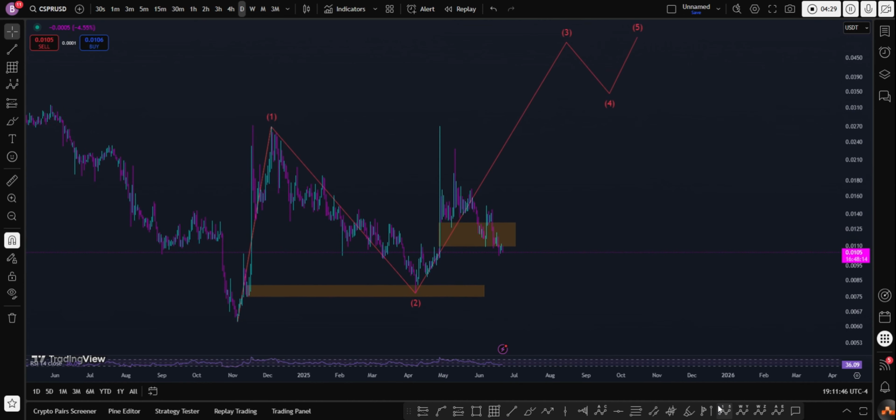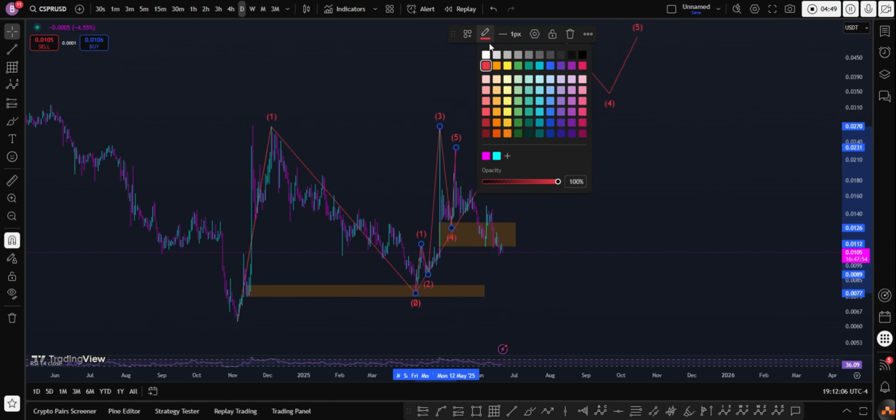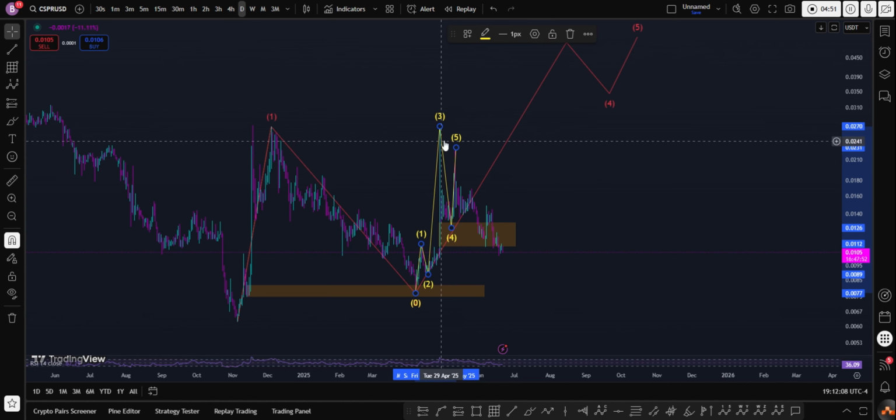But since this is a five wave structure which is truncated, where you have your one, two, three, four, five. And truncation is a situation where the five does not take out the three high. So you have a truncation.